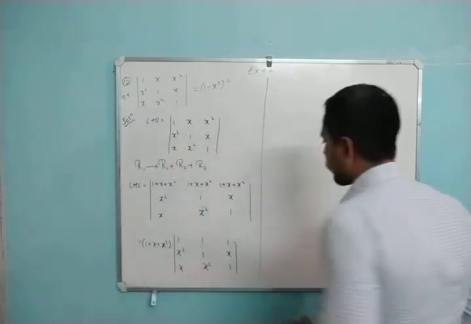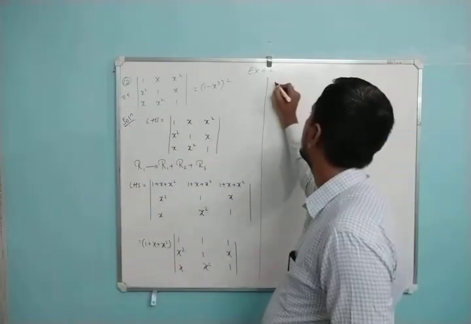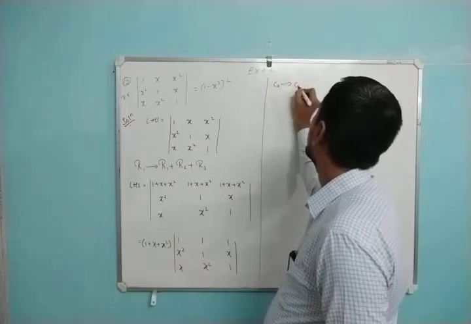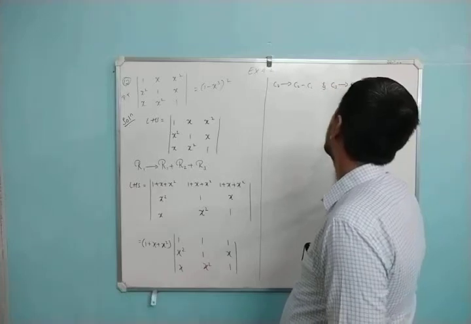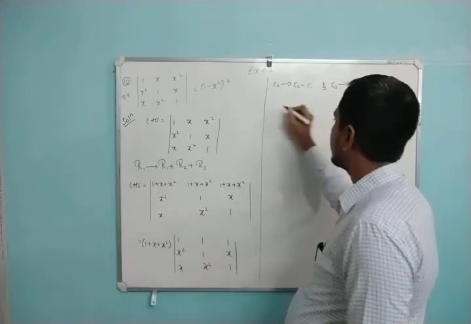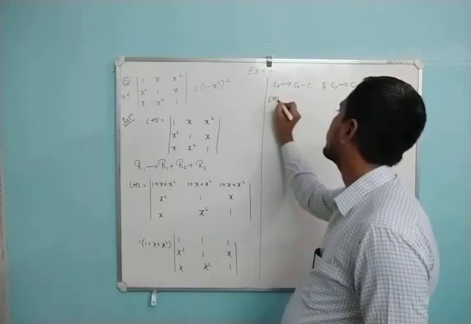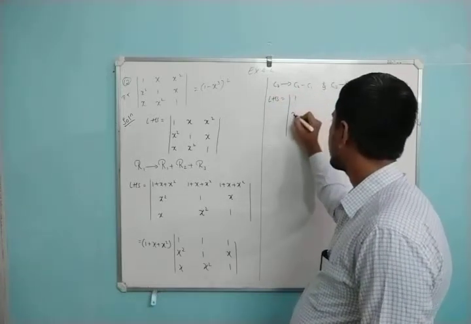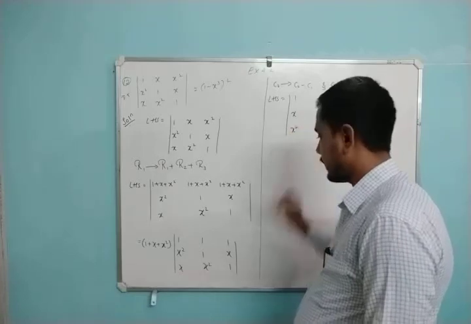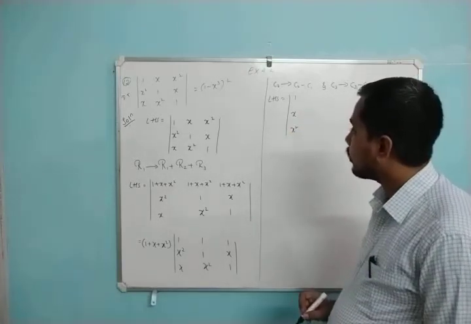As usual we can go for the column operation: C2 changes to C2 minus C1 and C3 changes to C3 minus C1. Then our LHS becomes: C1 is not changing, keep it as it is, 1, x square, x.